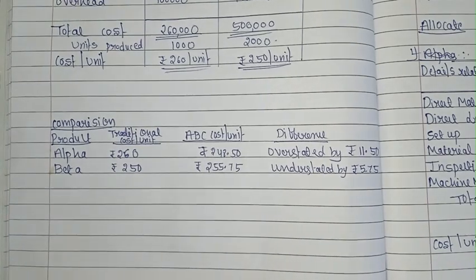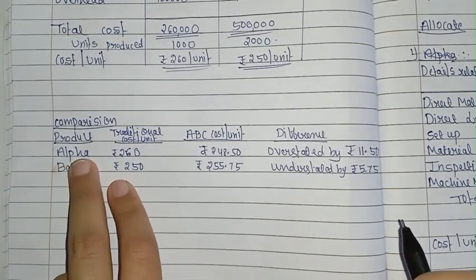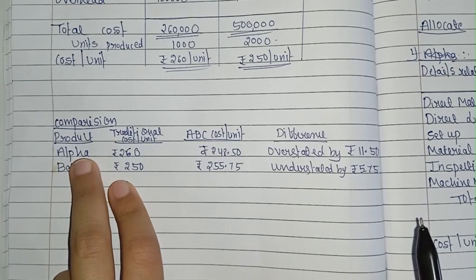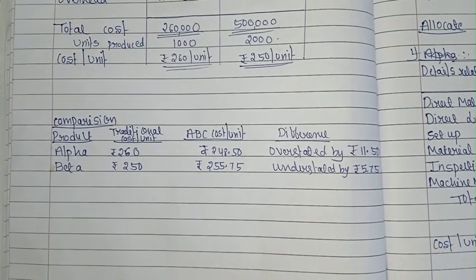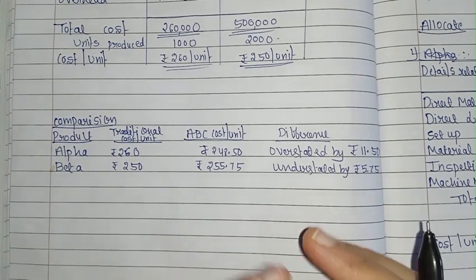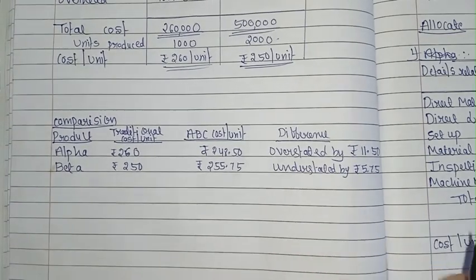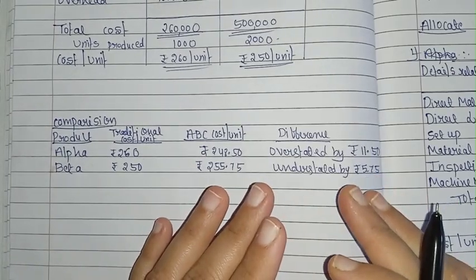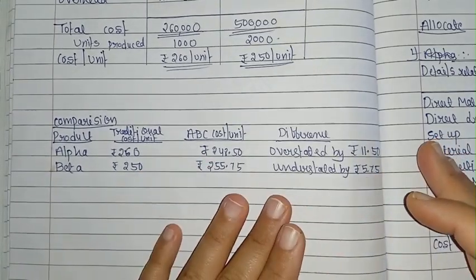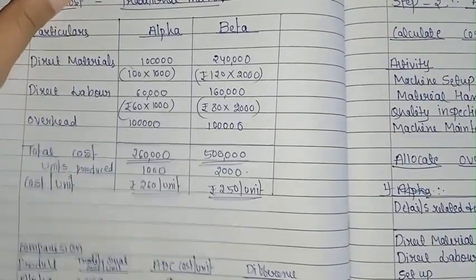So traditional costing overstates the cost of alpha. The ABC method gives a more accurate and fair allocation that is based on actual resource usage, right? So here we have finished our problem.